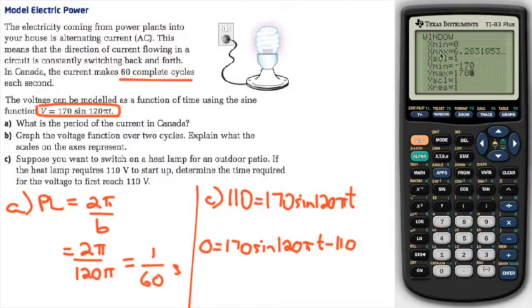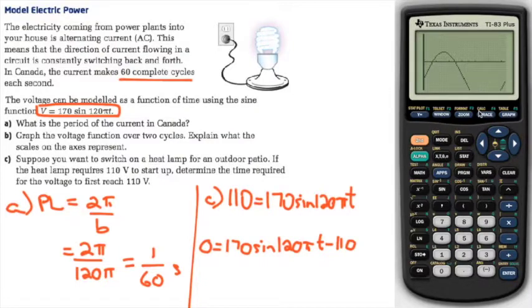Now if you're worried at this point that your Xmax has actually changed from 2 pi to 6.28, that's okay, because 2 pi is actually 6.28, 2 times 3.14. The calculator makes that change on its own. So graph that out now, and we have a much better look at this function.